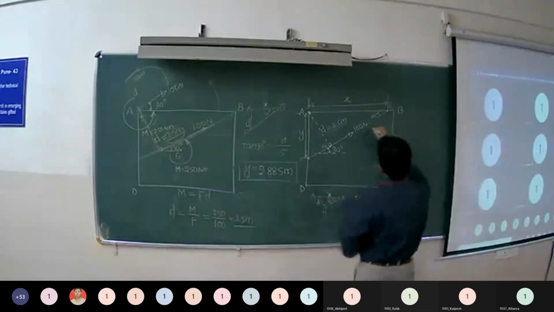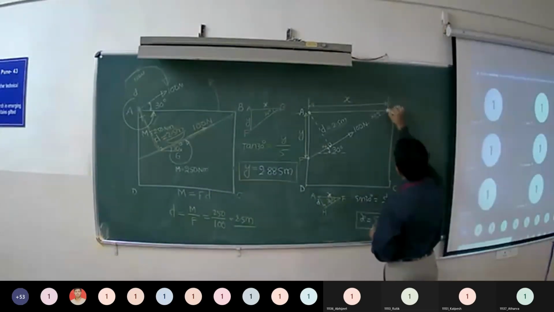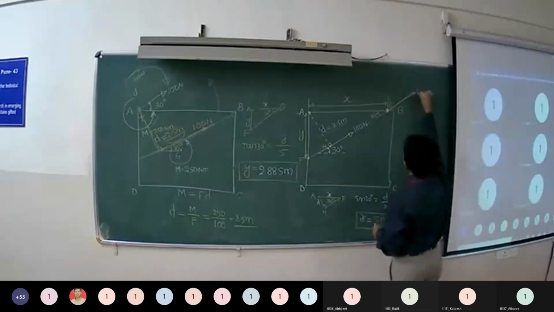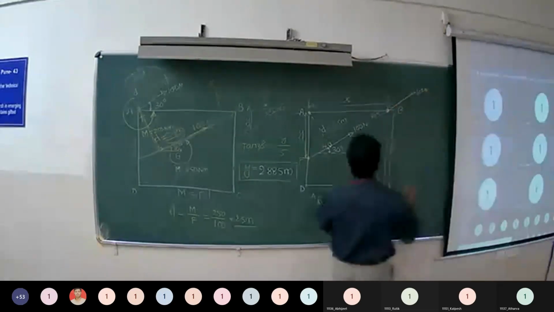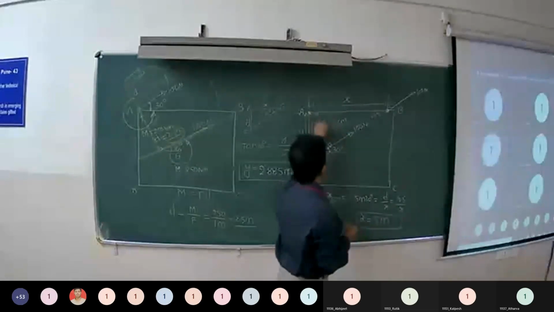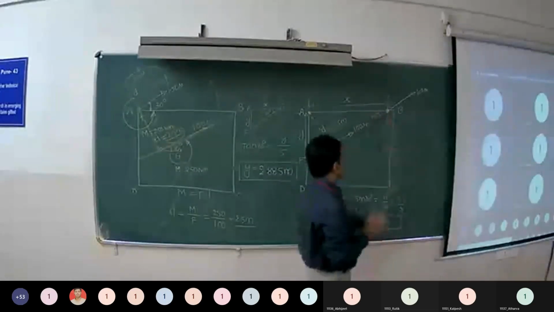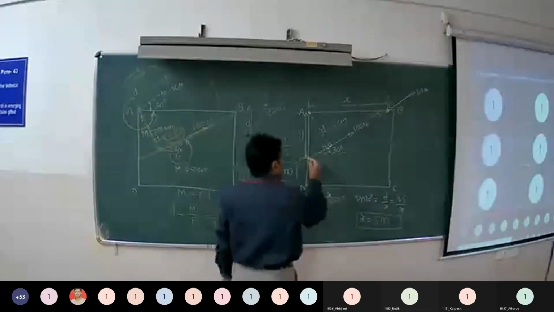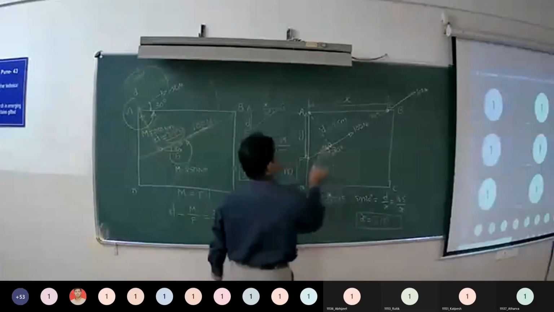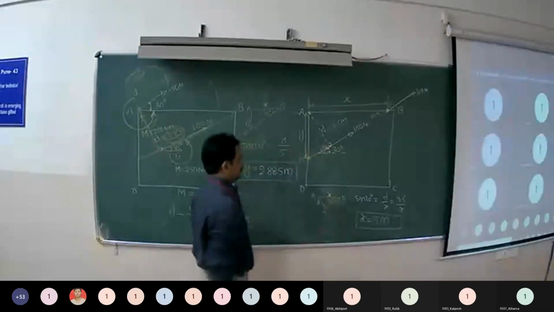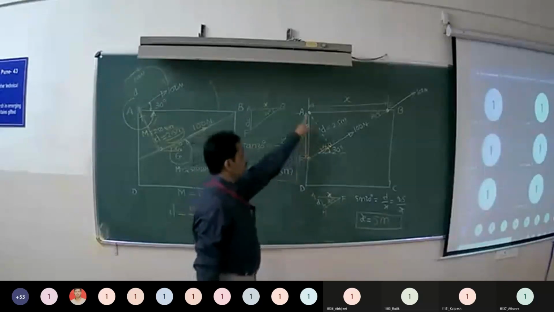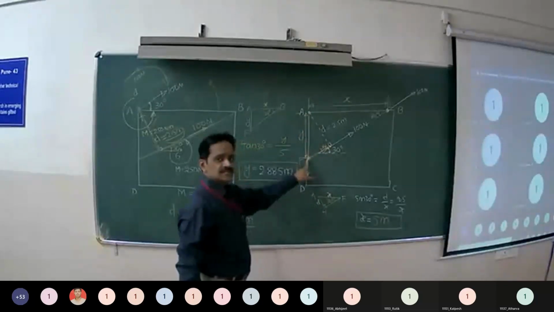We can say that this force of 100 Newton is acting at point E at a distance of 5 meters from A horizontally. Or you can say that the force of 100 Newton is acting at F at a distance of 2.885 meters vertically.